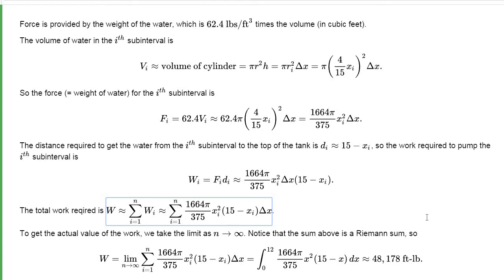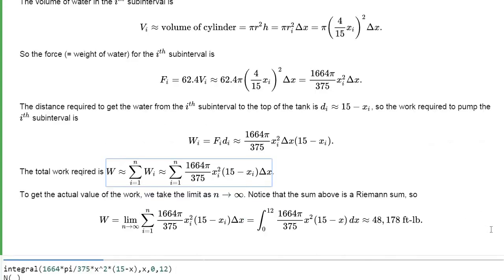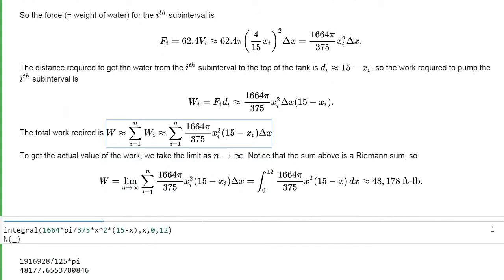Okay, and to get the actual work, we take the limit as n goes to infinity. Now, this is a Riemann sum. Notice this is not a Riemann sum of the force function. The force function is just this part. But then we got this extra part with the distance. So this is not quite as simple as the other examples we did. But this is a Riemann sum. So when you take the limit as n goes to infinity, you get an integral.